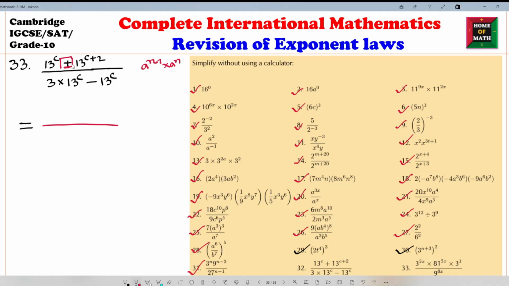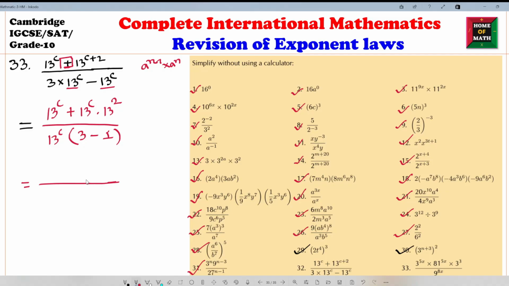But we can write 13 to the power c plus 13 to the power c times 13 squared. And here is also 13 to the power c, so we can take common 13 to the power c. So here is 3 minus 1.